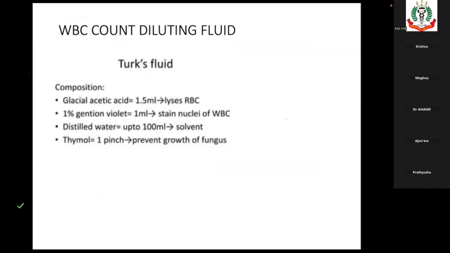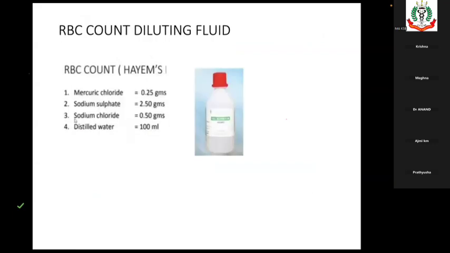I always tell my students, start reading from your SDL notebooks as well as your record first, and read the corresponding theory part, because they are the most important topics for you. WBC diluting fluids are very important, especially for the MCQ questions and also for your viva.